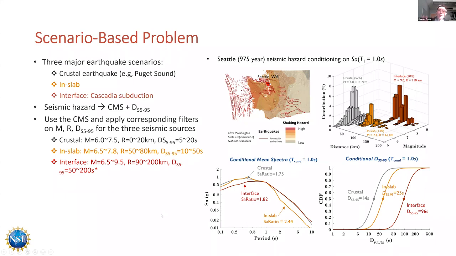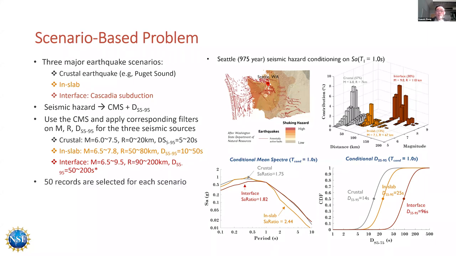And on the filter side, I have the filter for magnitude and distance, and for the duration, just to make sure that my selected ground motions have appropriate, very representative ground motion characteristics as we saw here in the deaggregation, the target response spectra and the duration distribution.